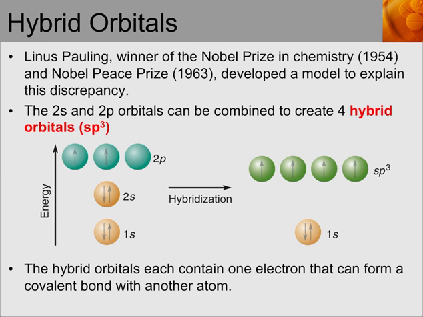Well, Linus Pauling, who was a really famous chemist, he was the winner of the Nobel Prize in Chemistry in 1954 and the Nobel Peace Prize in 1963. He developed a model to explain this discrepancy. So he came up with a theory that what if we combine orbitals together to make a hybrid orbital? So it's kind of like a hybrid car, right?